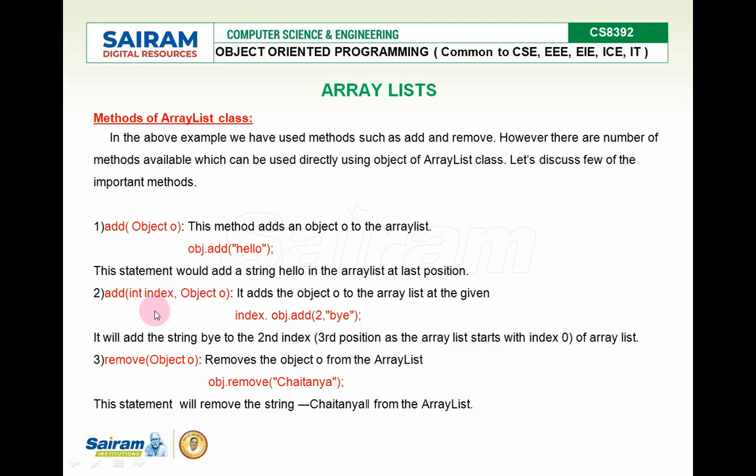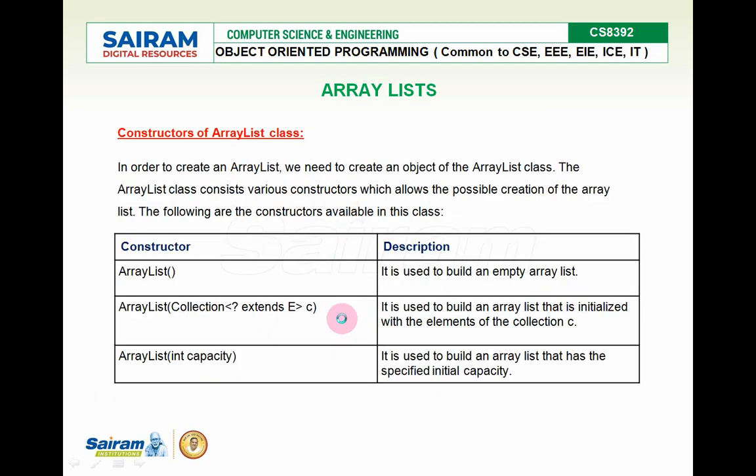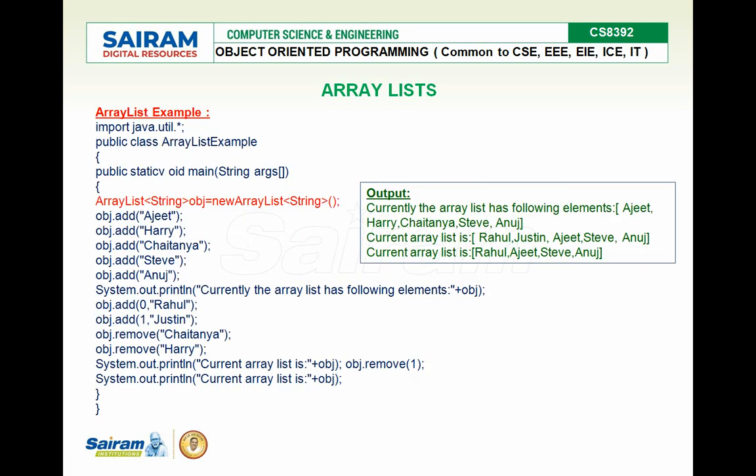And the second is add with an index comma the object, which means object dot add, in this location insert this. We have already seen this in the example, I'll show that. See here, object dot add, in this zeroth index add this string.